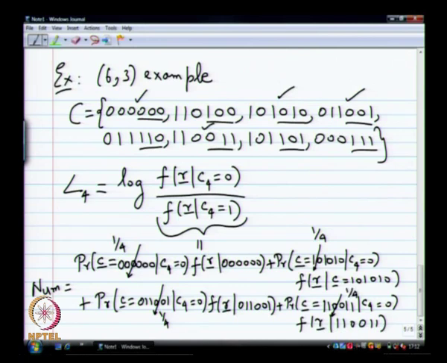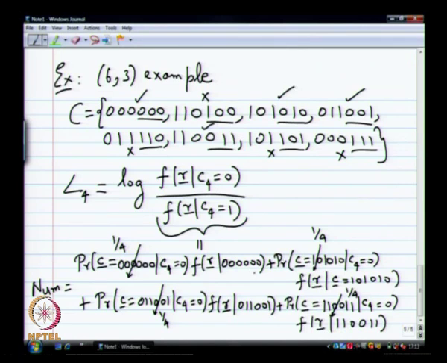So, likewise when you write the denominator, you will have how many possibilities? 4 possibilities. What are the possibilities that show up in the denominator? 1, 2, 3, 4, exactly the other 4. Once again you will have the 1/4, 1/4, 1/4, 1/4 multiplying the conditional PDFs.